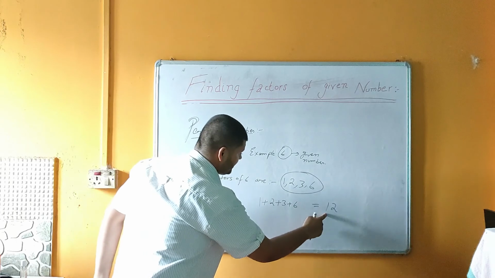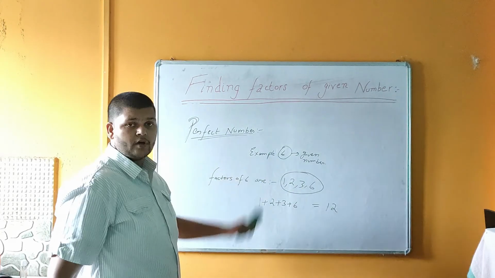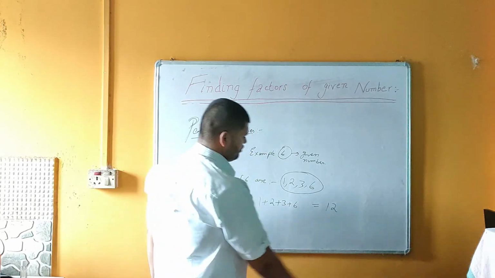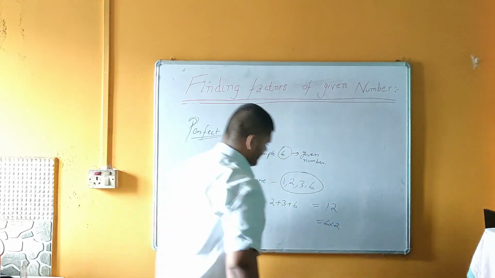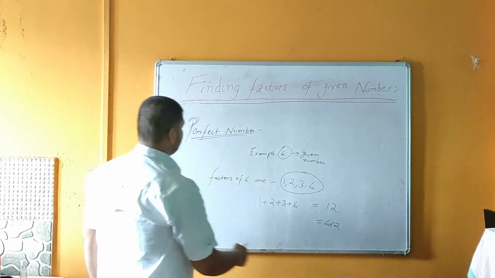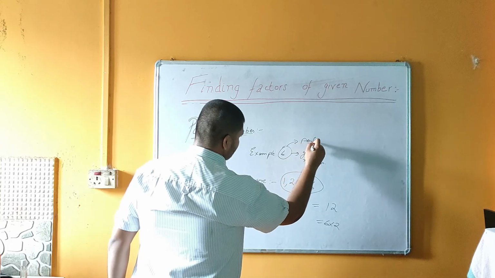So this 12 is exactly double the given number. The given number was 6 and the result we produced here is 12. That means 6 multiplied by 2 gives the result 12. If this is the condition, then we will say that this 6 is a perfect number.